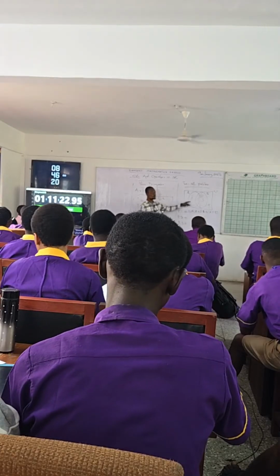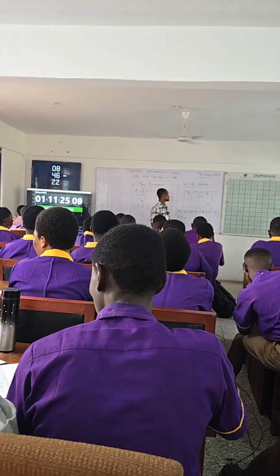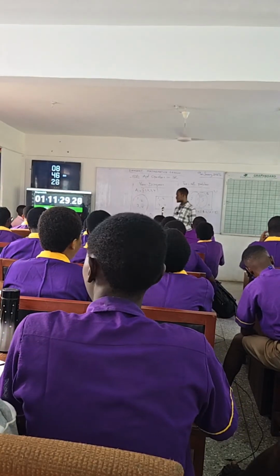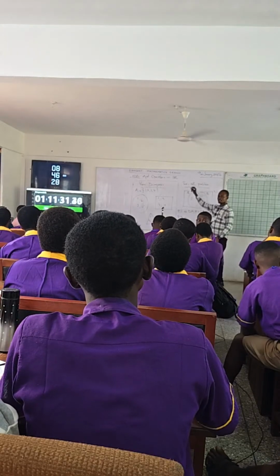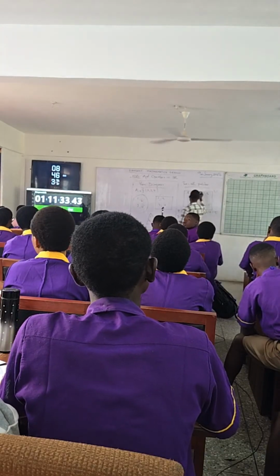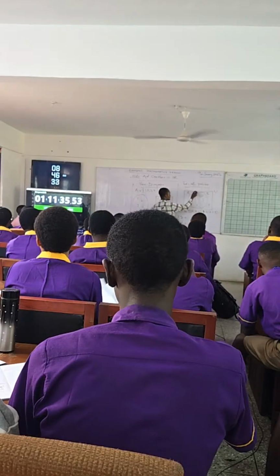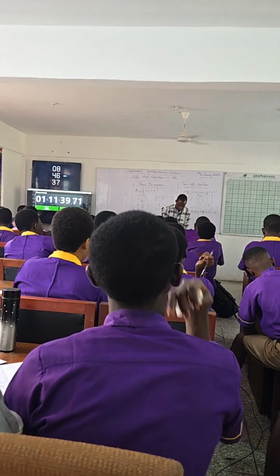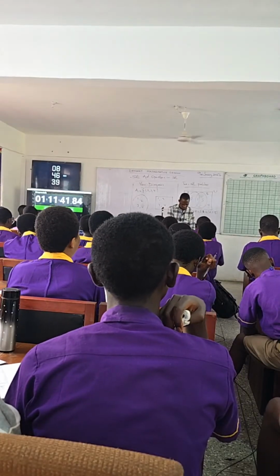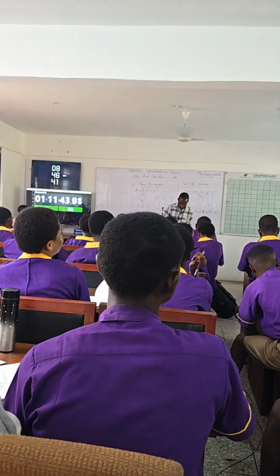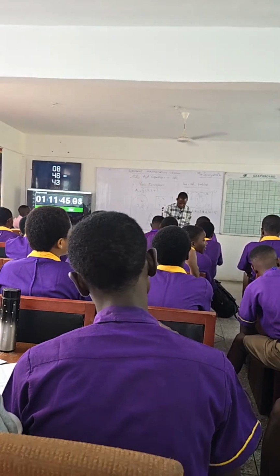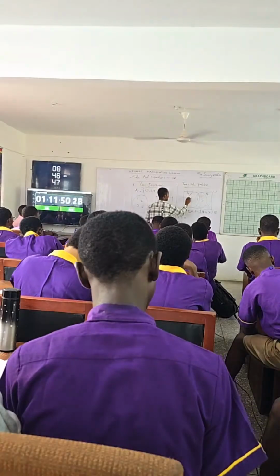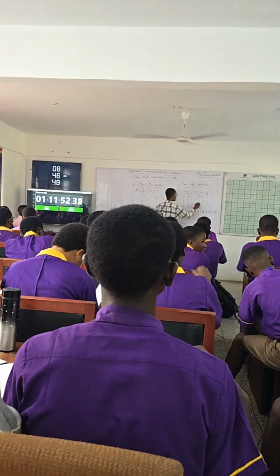For region 2, you can see that this diagram representing set A is taken from this bigger circle. This one is clear.